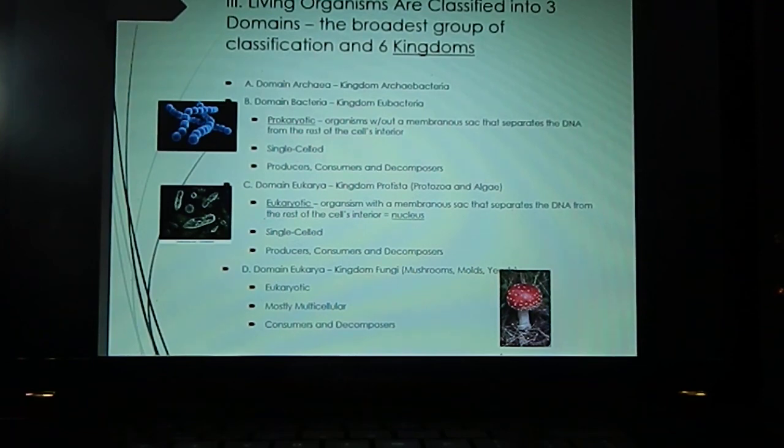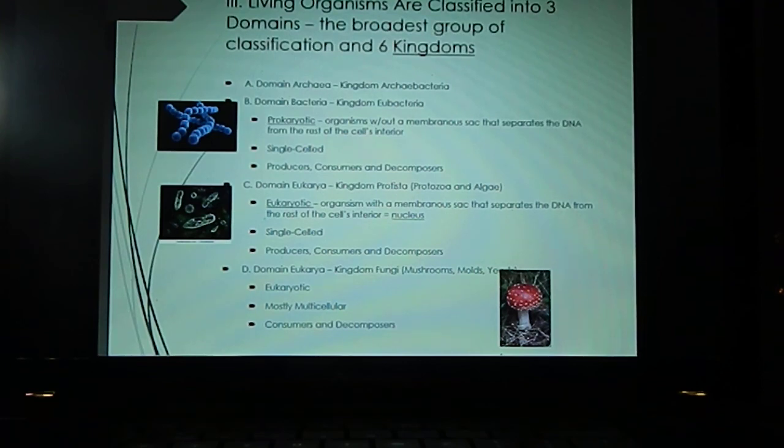And so eukaryotic cells have that membrane around the DNA that separates it from the rest of the cellular material, and that's called the nucleus. The eukaryotic protista, the protozoa and algae, are single-celled for the most part. They're producers, consumers, and decomposers, but they are mostly single-celled.